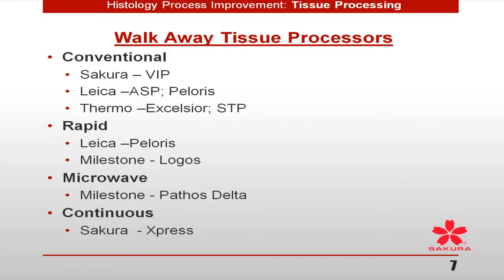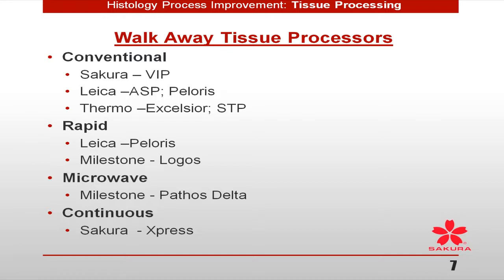When we go to rapid, again, Polaris is very, very popular. Milestone, the Logos, is very popular. Microwave, if everybody's talking microwave, the first thing they're going to talk about is a benchtop instrument, but that's not a walk-away, even though there are a couple of systems that are getting very close on the benchtop, to the Milestone Pathos Delta. I think that's probably the most popular microwave walk-away. That's actually a combination tissue processor.